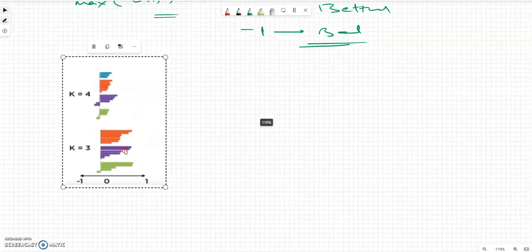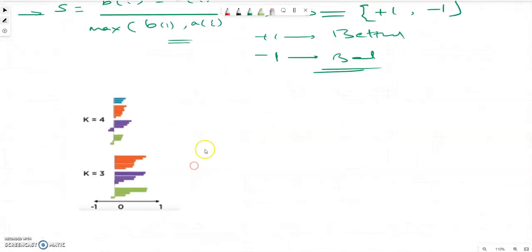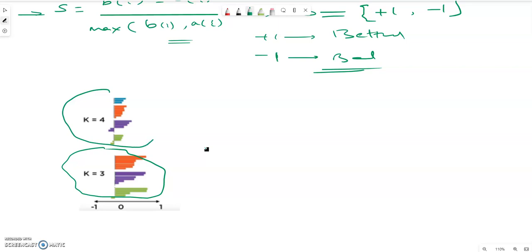Now here you have seen the k values. When k is equal to 3, we have this graph, and when k is equal to 4, we have this graph, right? Now, by looking at these graphs, you can easily find out that we have only one negative value for k is equal to 3, but for k is equal to 4, we have many negative values.